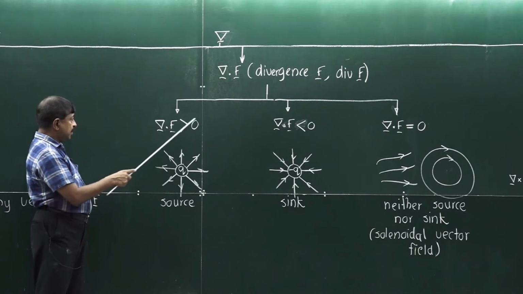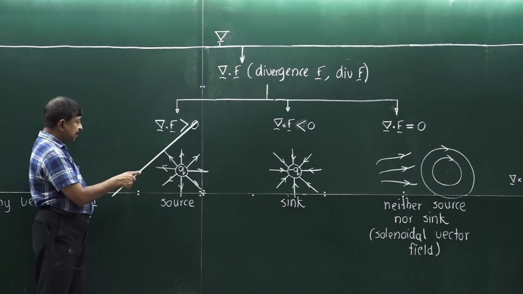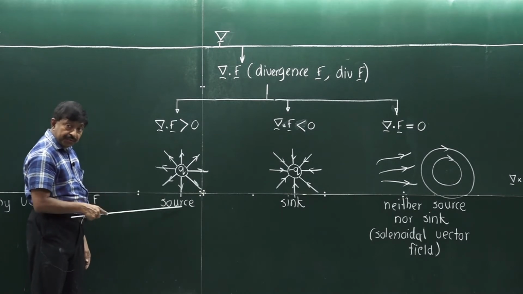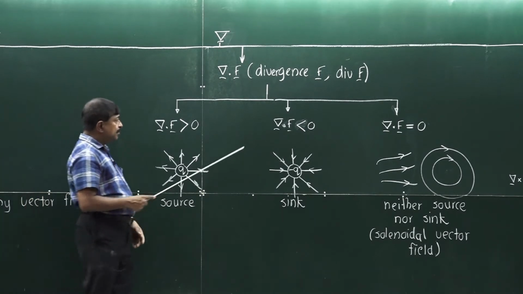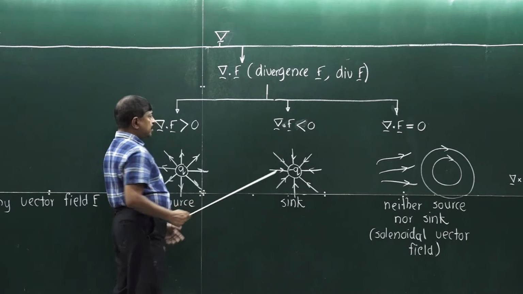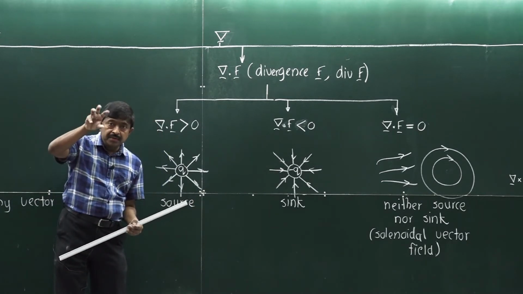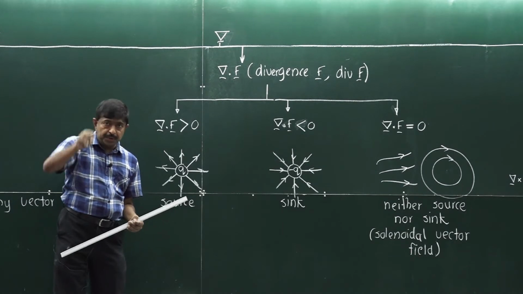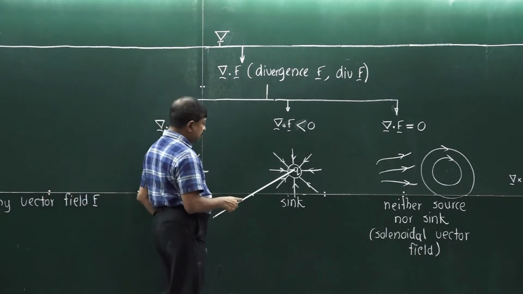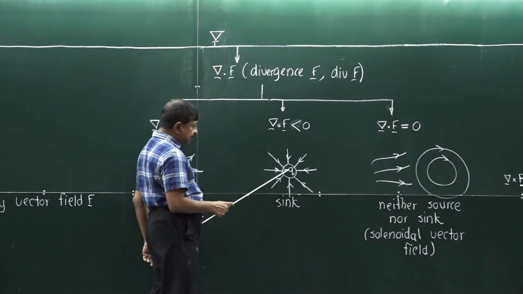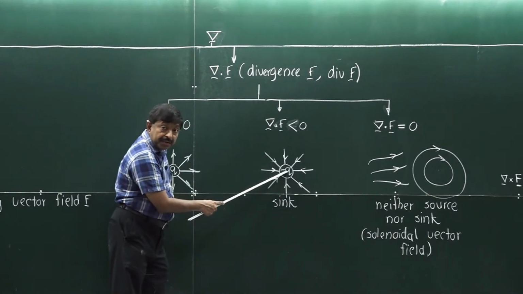If div F is greater than 0, it means that the point works as a source. Similarly, if it is less than 0, the field lines converge, come to a certain point. So, it is like this. In terms of an electric field, it is like a sink or like a negative charge.